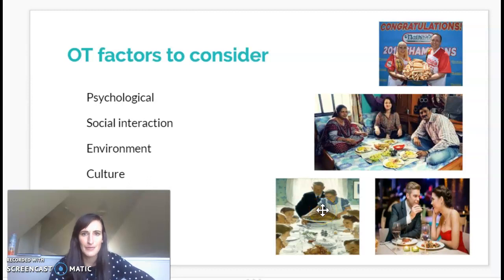A lot of life is going to happen around that table, right? And then we've got basically the Lady and the Tramp. Oh, I don't know if she's a tramp. I shouldn't have said that. But the prom couple over here is way too romantic, and I don't even know if he's feeding her, but also the social interaction and just the different aspects that I want you to think about that happen around feeding and eating. Okay.